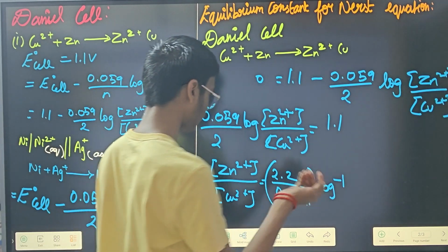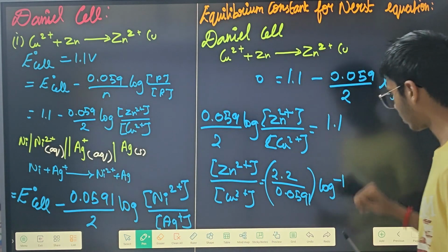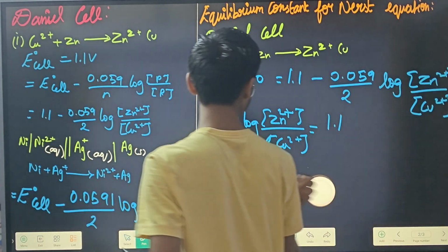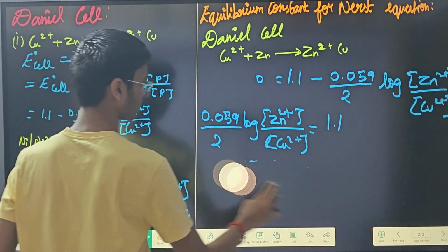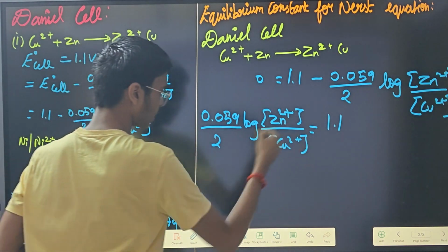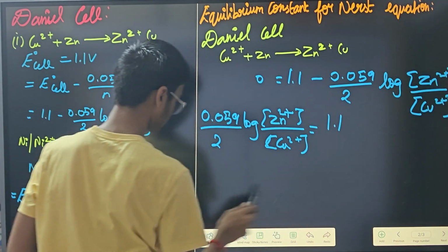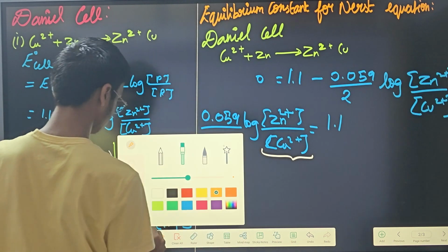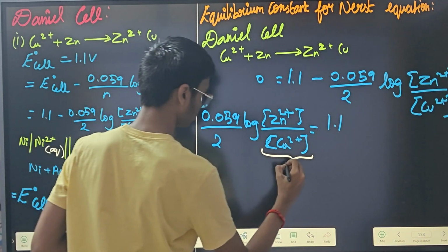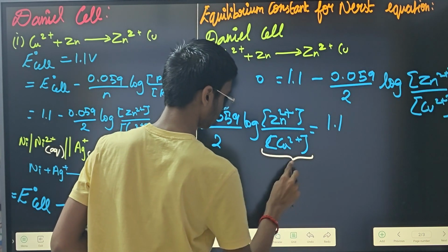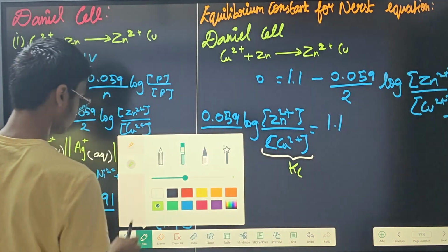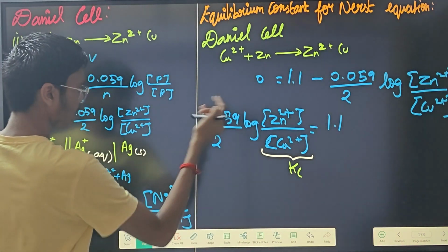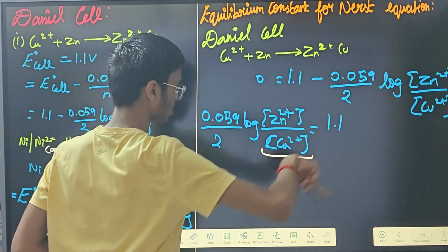If I simplify this value, in terms of log, even we'll keep it as log Kc, no need of log inverse. So this term is known as log Kc. If it is kept as log Kc, then I can just transpose this to that side.